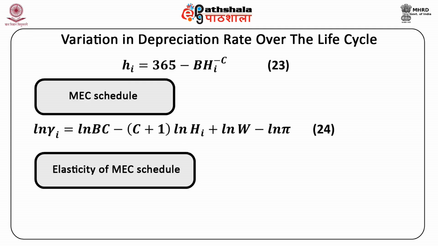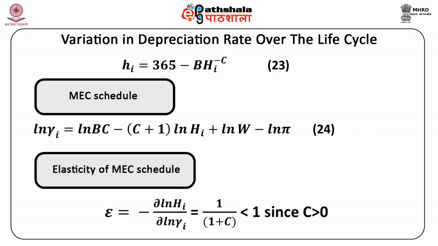The elasticity of the MEC schedule is given as epsilon is equal to negative delta log Hi upon delta log Yi, which is equal to 1 upon 1 plus C, less than 1 since C is greater than 0.